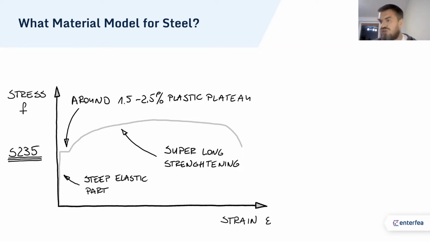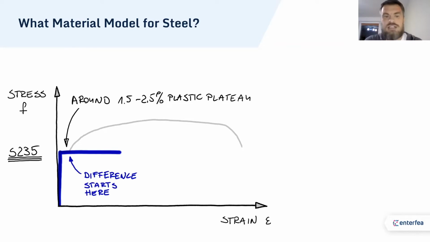And if you're not sure, I would take the lower value rather than the higher for structural steel, because some of those really have like 1.5%, and 2.5, it would have to be like a very ductile grade to get it. Right? So the difference between the super advanced funky model you can find in some scientific papers would start actually after around 2% of plastic strain.